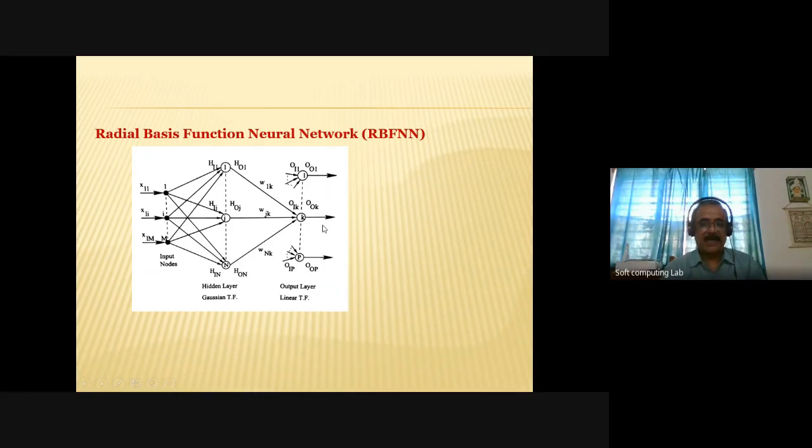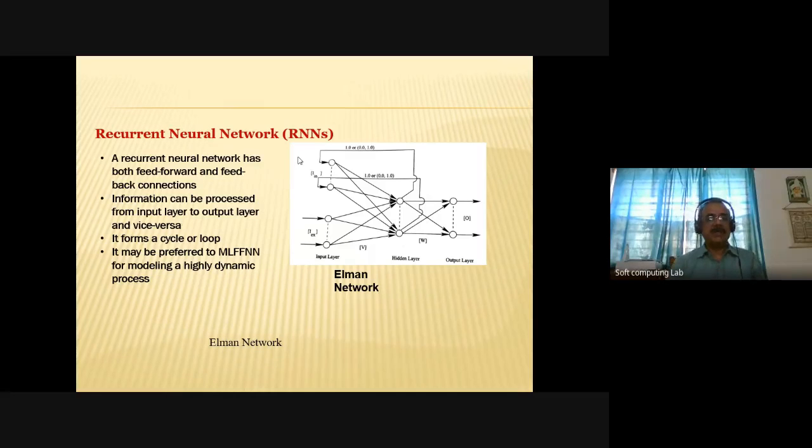That particular error will be fed back if you use back propagation algorithm, and if you use genetic algorithm and some other nature inspired optimization tool, this error will help you to find out what could be the fitness value. So this is the way we can do input output modeling using your radial basis function network.